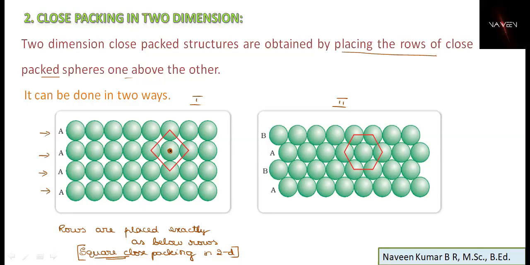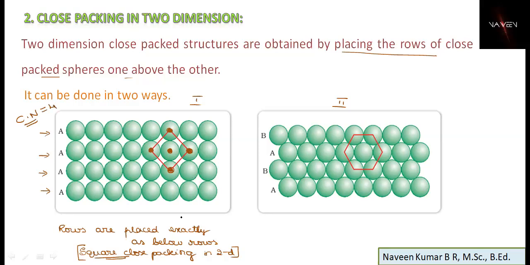If you take this dotted sphere, it is in contact with four of its neighbors. If you take any particle in the square close packing, each particle is in contact with four of its neighbors. Hence, the coordination number in square close packing is 4.